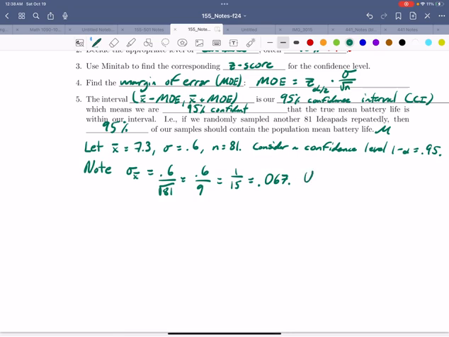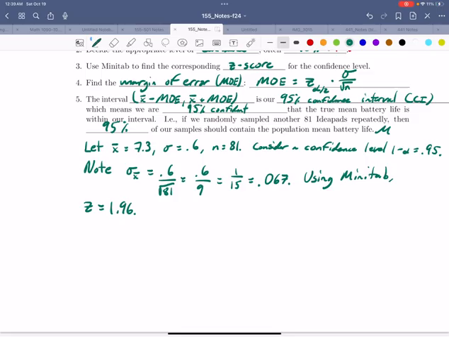So I'll say using Minitab, z, I'll just say z in this case. I don't want to get too complicated here. But z is going to equal 1.96. Now, you can also find this in your table in the book.